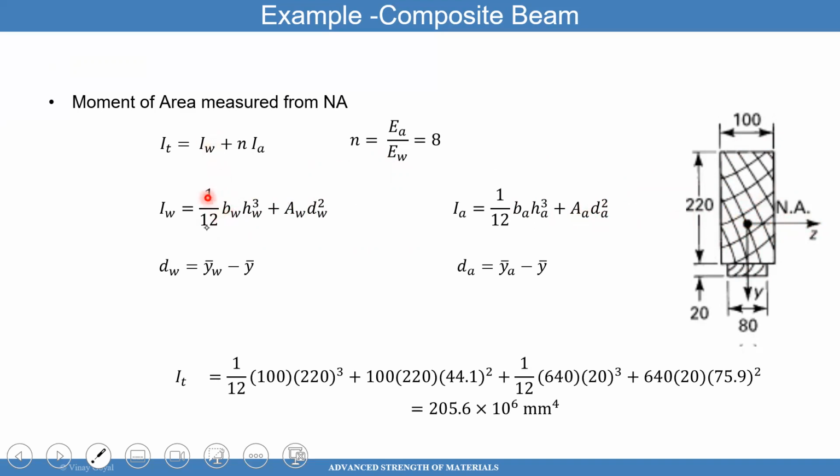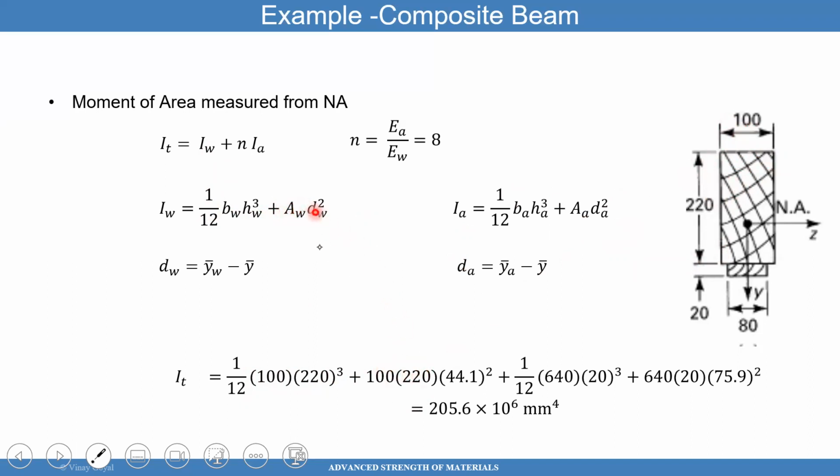IW is 1/12 the width times the height cubed. I did that here: 100 times the height cubed, 220 cubed, plus the area, 220 times 100. You can see that there.